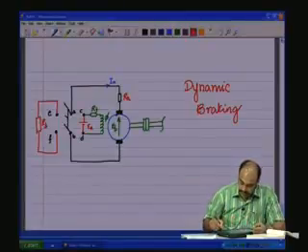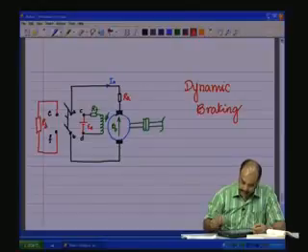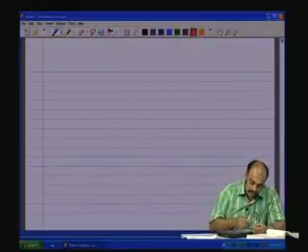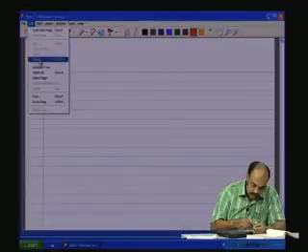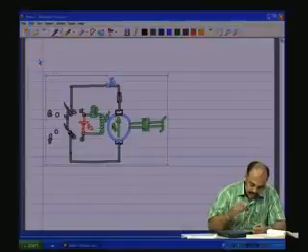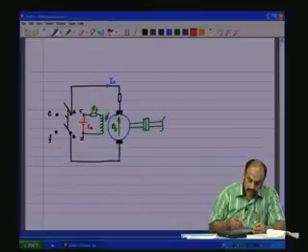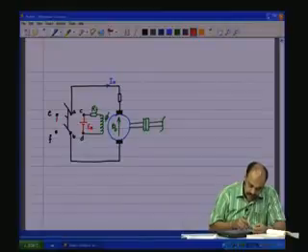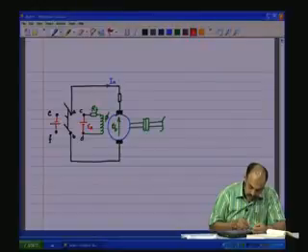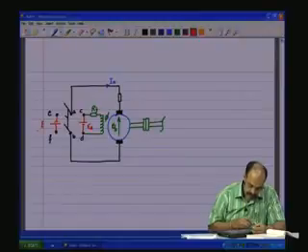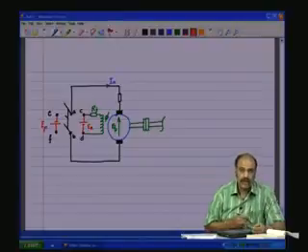Now, in the fourth case, called plugging, what is done is we connect another source like this. Now, I will call this one EP, or E plugging.